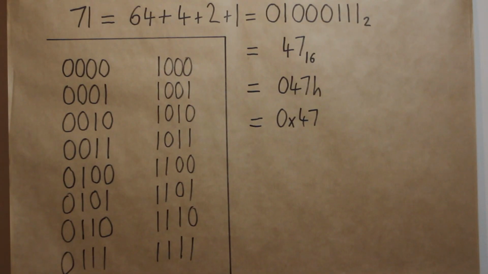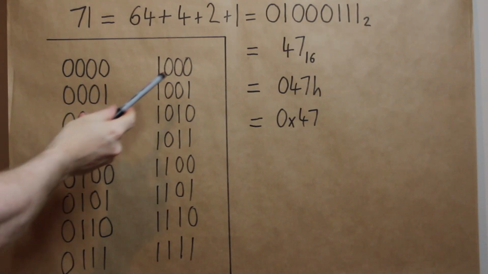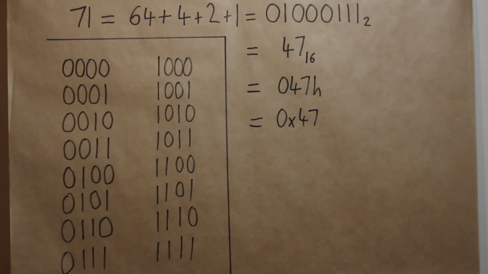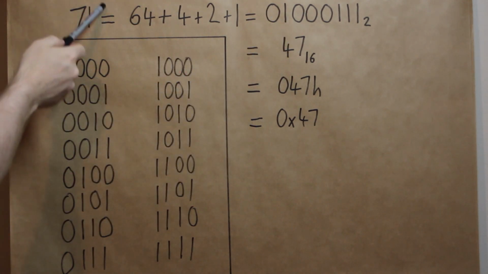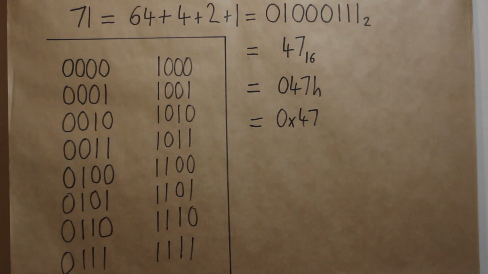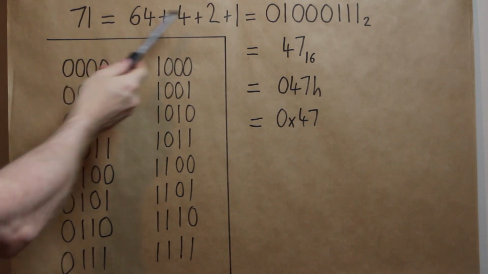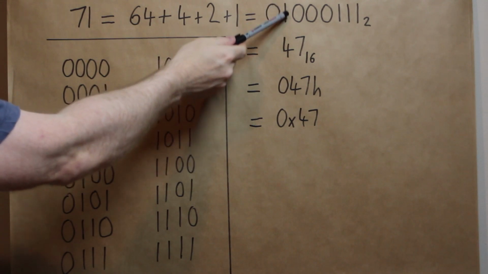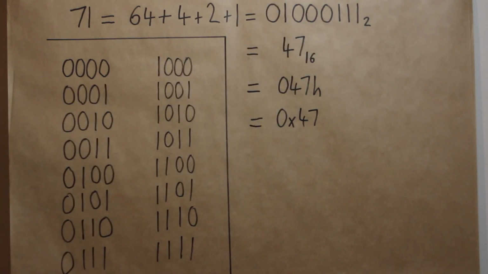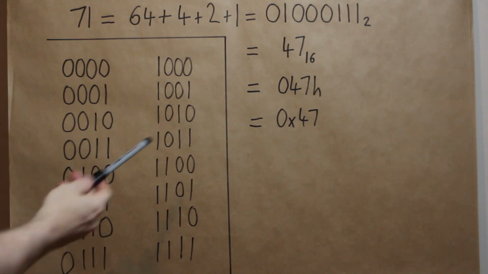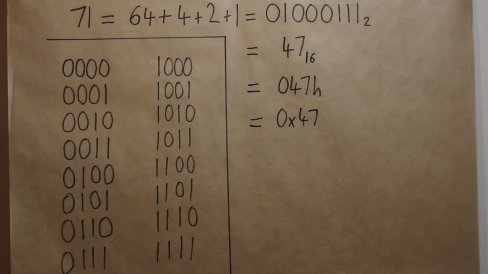So the first thing that we're going to do is write a decimal number in binary and then in hexadecimal. So I just picked a random number to do this with, so I chose 71. And basically what we need to do to write it in binary is to figure out which columns we need to put 1s in. And you remember in binary that the columns correspond to powers of 2.